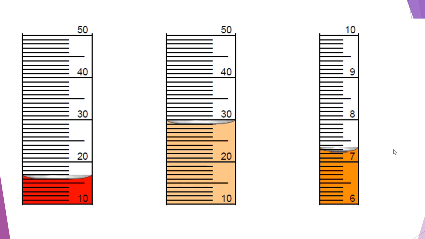In this final graduated cylinder, the liquid is above 1 milliliter. Again, we'll read at the bottom of the meniscus. We count 1, 2, 3 hash marks above the 1. We are not working with whole numbers, because the next division is 2. So between 1 and 2, we don't have any whole numbers, we only have decimals.